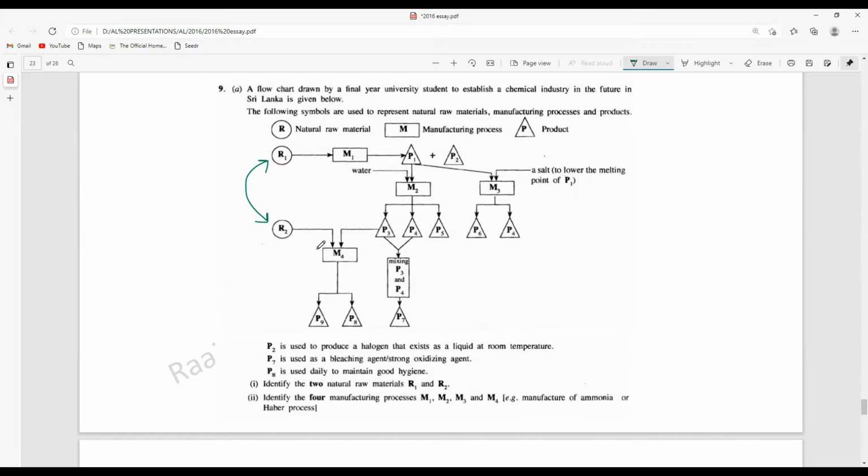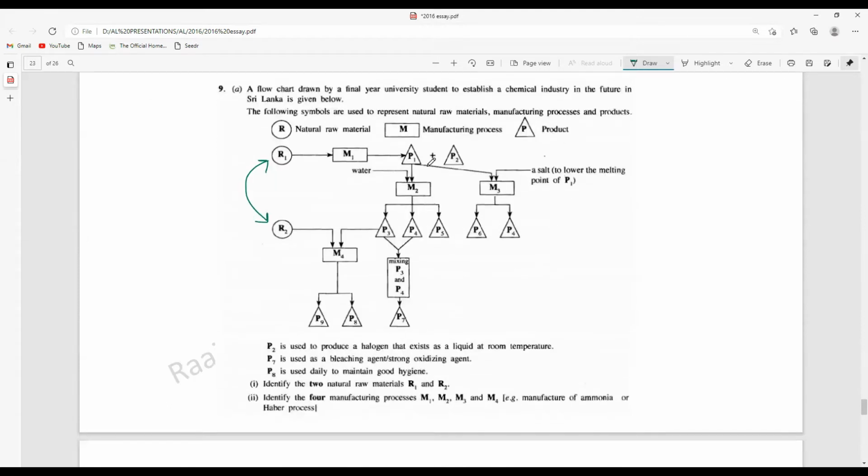This is very good, right? Because all are interconnected and they have several products, in fact 9 products, which is a very good project, because they have used 4 major industrial processes to get 9 products.